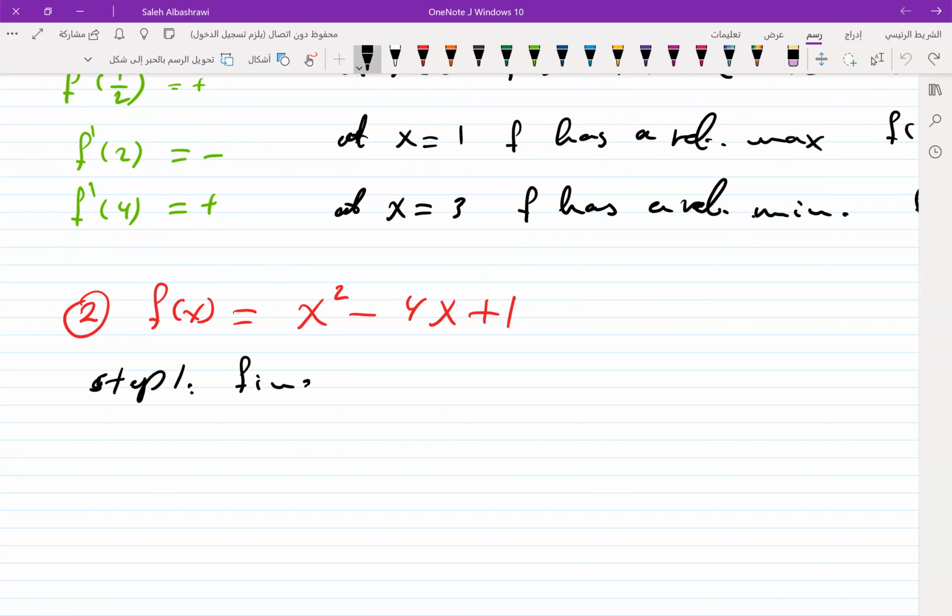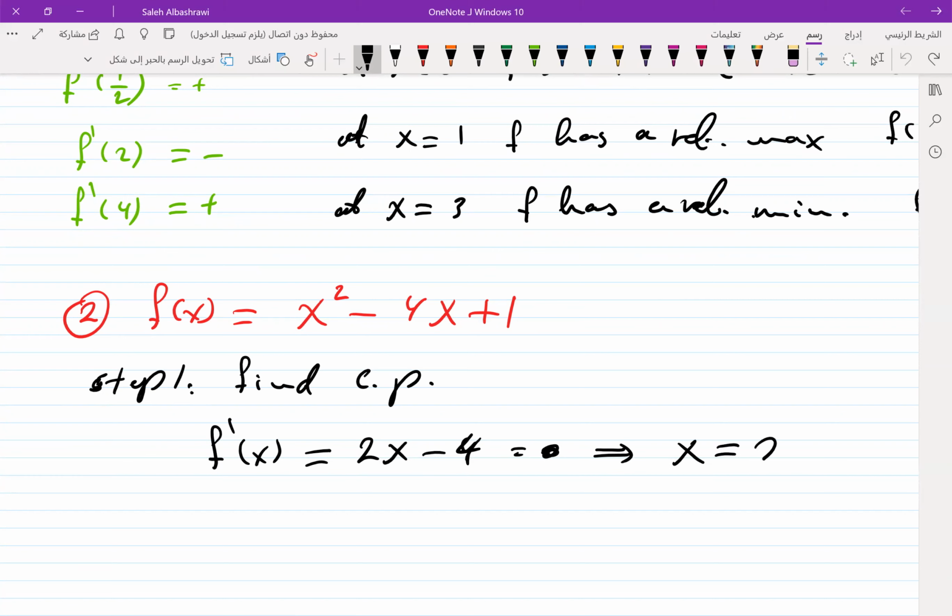Find the critical point. That we need to find the derivative. It is 2x minus 4. Make it equal to 0. This will give you x equal to 2. So the critical point is x equal to 2.